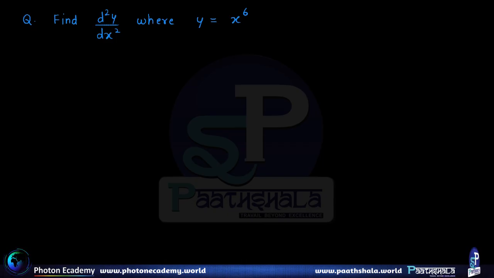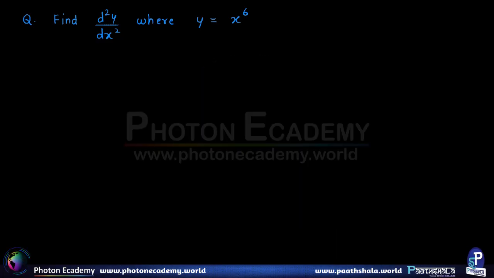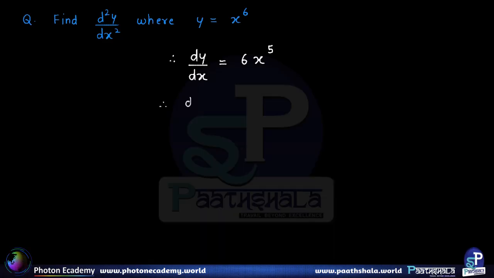Here we have to find the second order derivative of y given as x raised to 6. If y is x raised to 6, first calculate the first derivative, and it is nothing but 6 into x raised to 5 using the standard function. If we differentiate further, we get the second order derivative, d square y upon dx square.